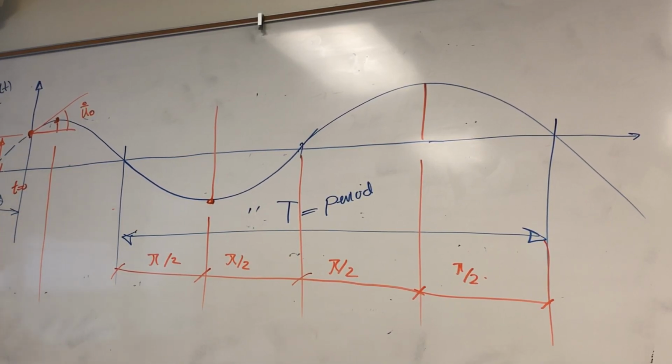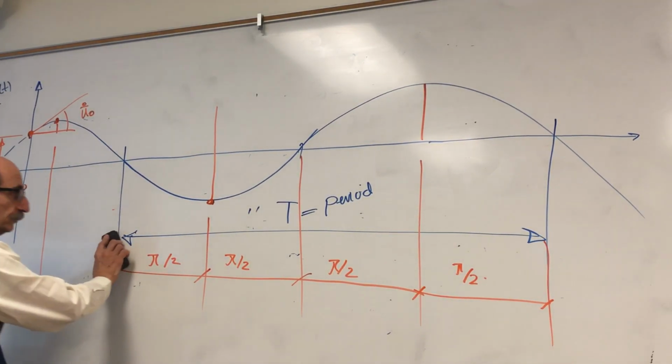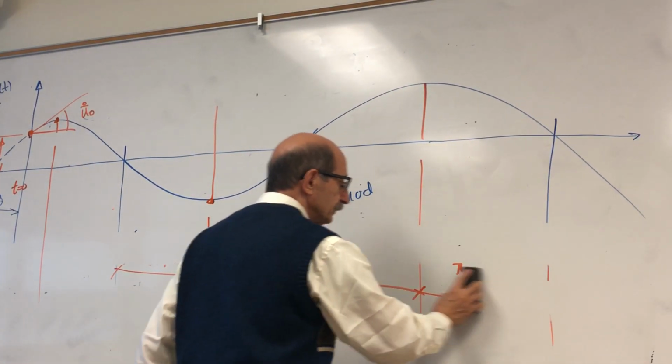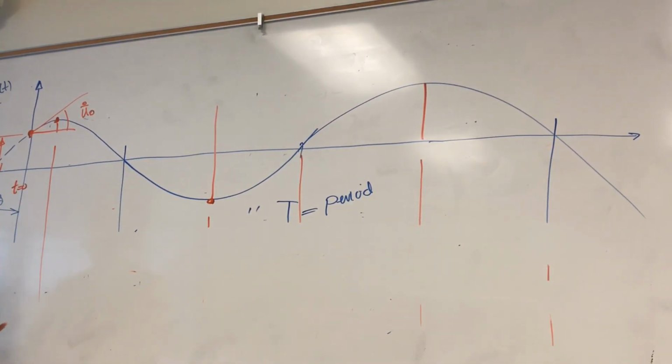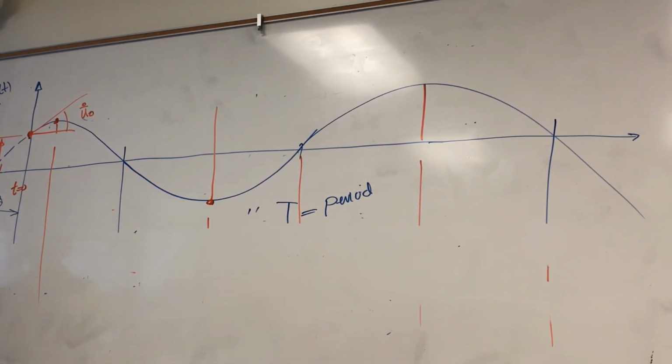Initial displacement, initial velocity. If you plot the derivative of this, the velocity curve for the velocity response, what do you see?